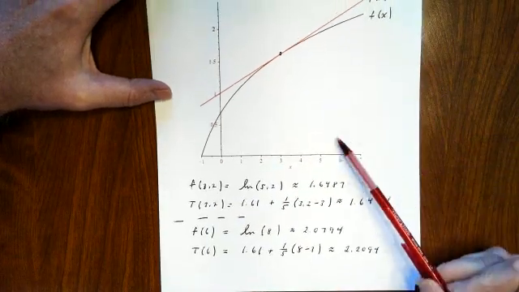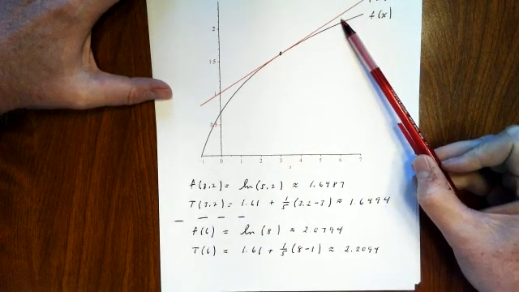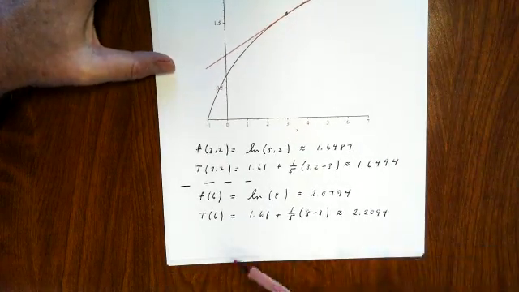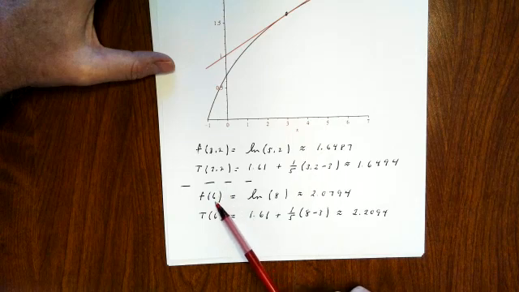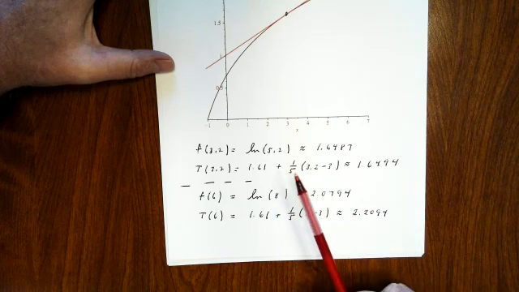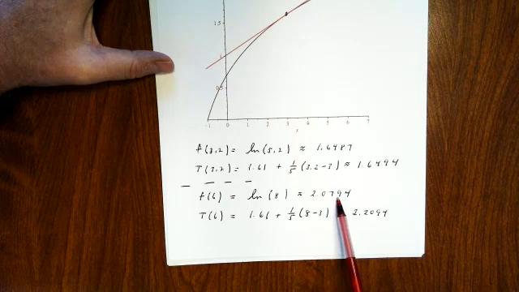If I go way out here to 6, I can see there's a noticeable difference between the tangent line and the function. And if I try to use the tangent line to approximate the function out there, it just doesn't work as well. F of 6 would be the natural log of 8, because of the formula for f, the natural log of (x plus 2). That's about 2.0794.